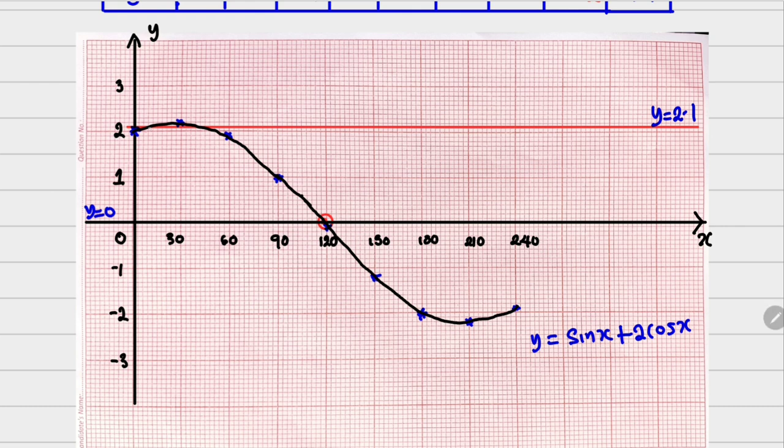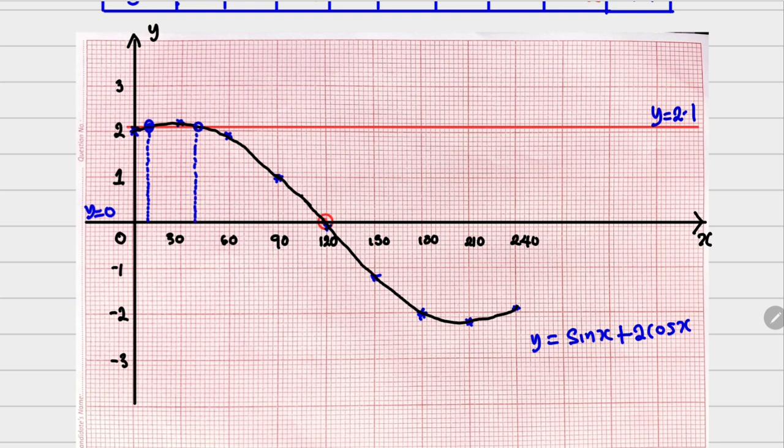From my curve, it cuts the graph at this point, so I'm going to take my reading from this point, taking it down with dotted lines. That shows my solution. Then it cuts again at this point, and I'm going to take my reading from there.